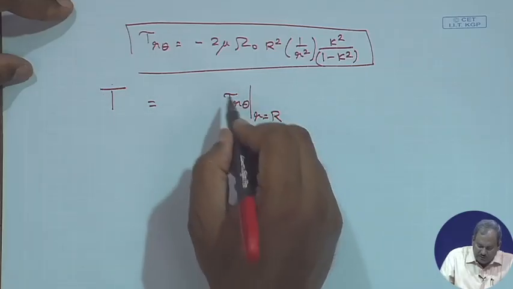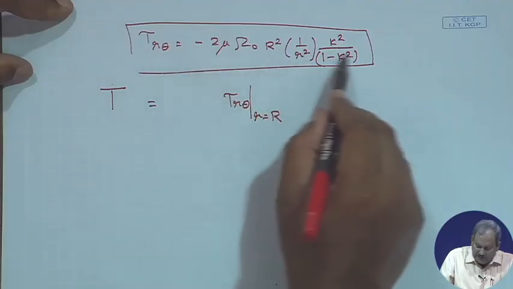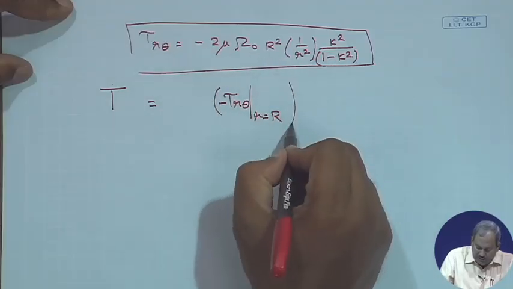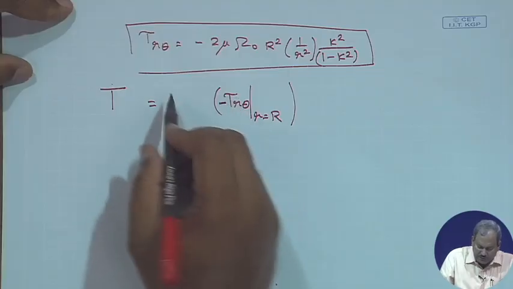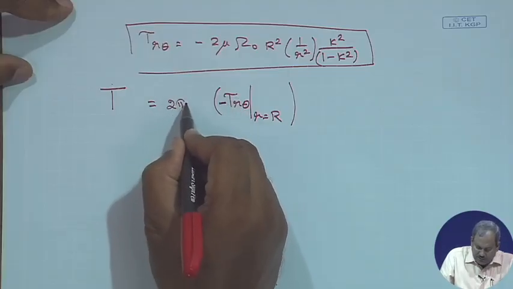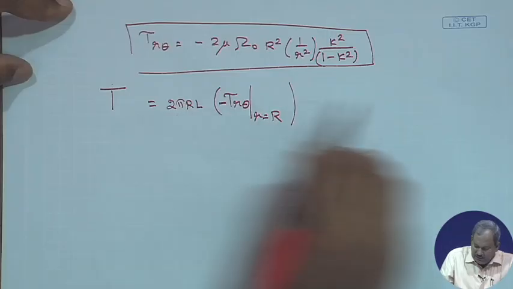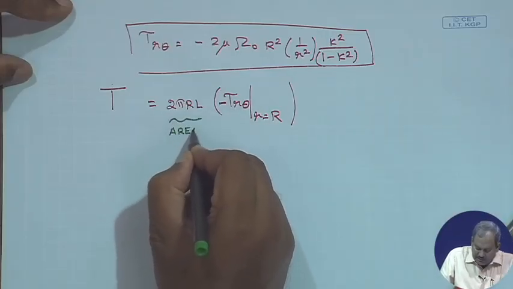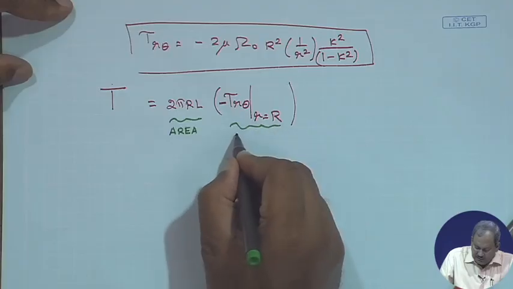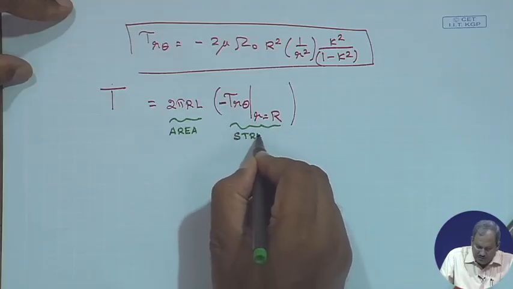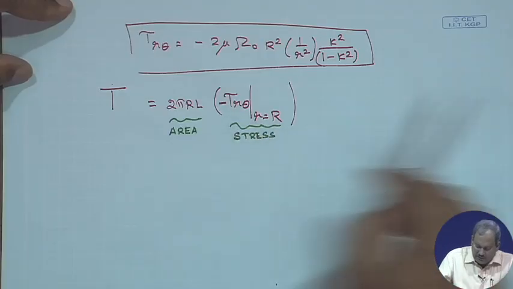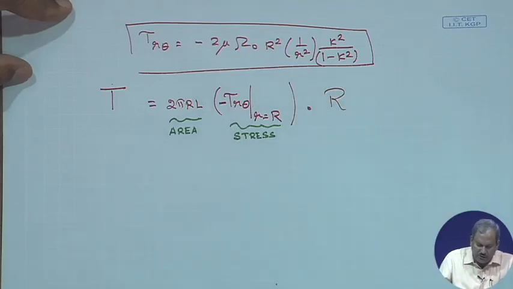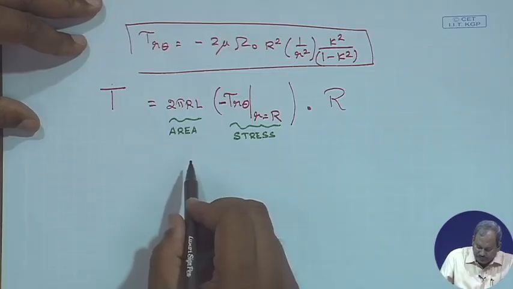So, this is tau r theta, and since this is on the fluid, on the shaft it would be minus of tau r theta multiplied by the area, which would be equal to twice pi r L. So, this is area, this is stress, and together it's force, and it should be multiplied with the lever arm, which in this case is r.